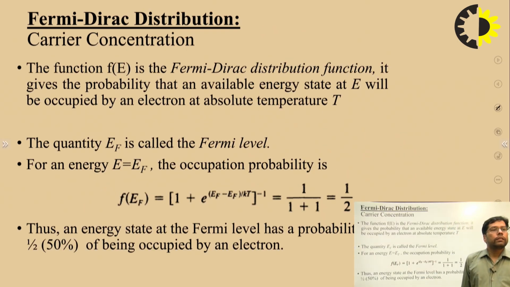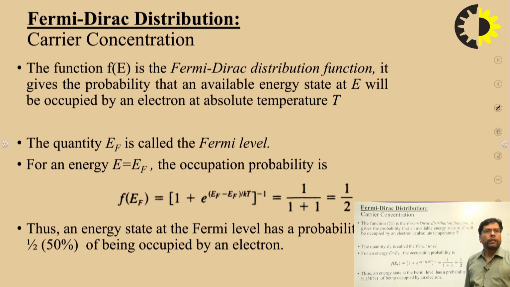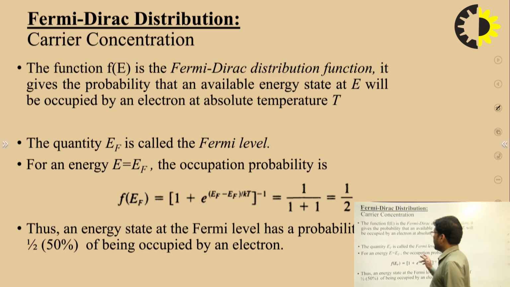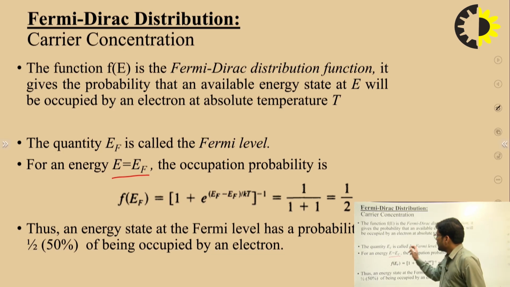Now I would like to explore this Fermi Dirac distribution function. The Fermi Dirac distribution function gives the probability that an available energy state at E will be occupied by an electron at absolute temperature T. At E equal to EF, what should be the probability of having electrons at the Fermi level energy?